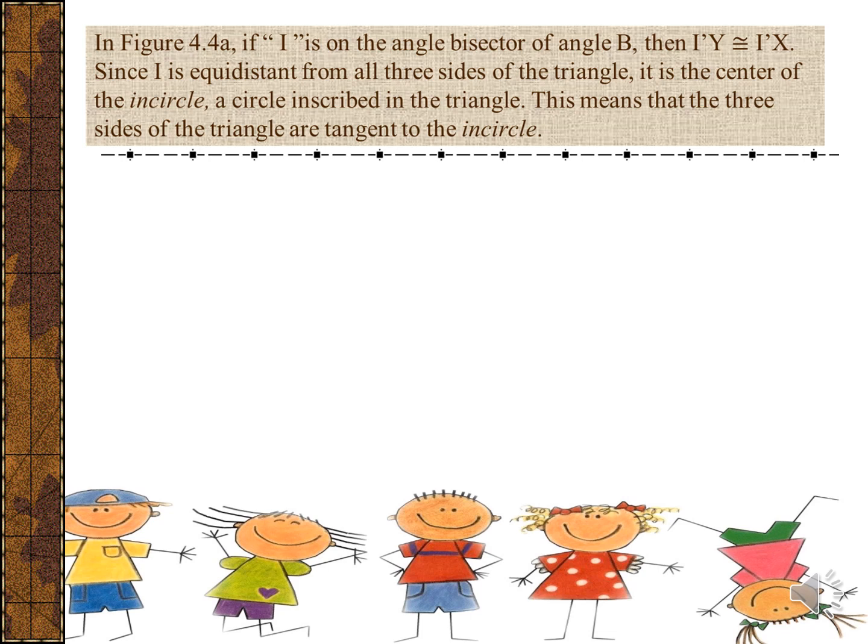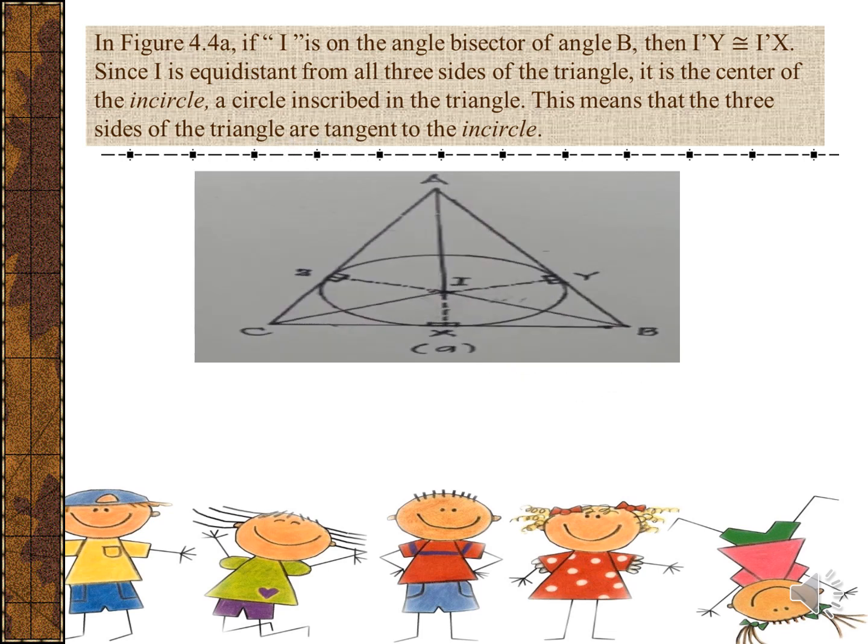In Figure 4.4a, if BI is the angle bisector of B, then IY and IX are congruent.